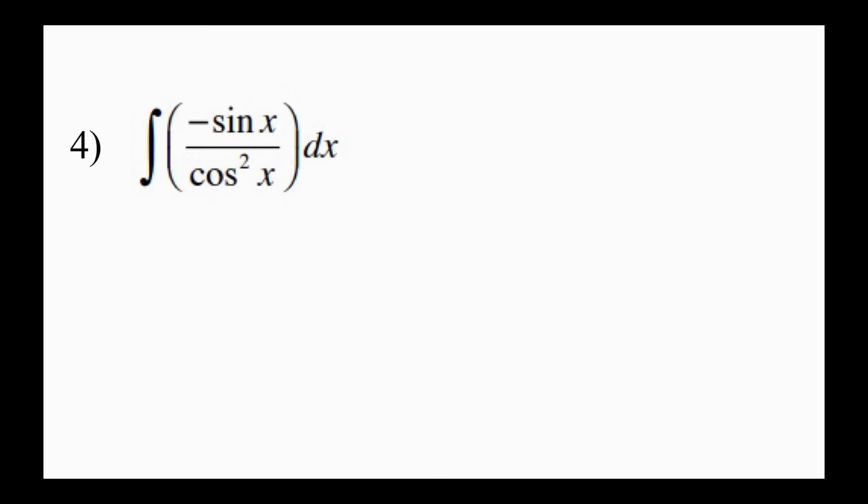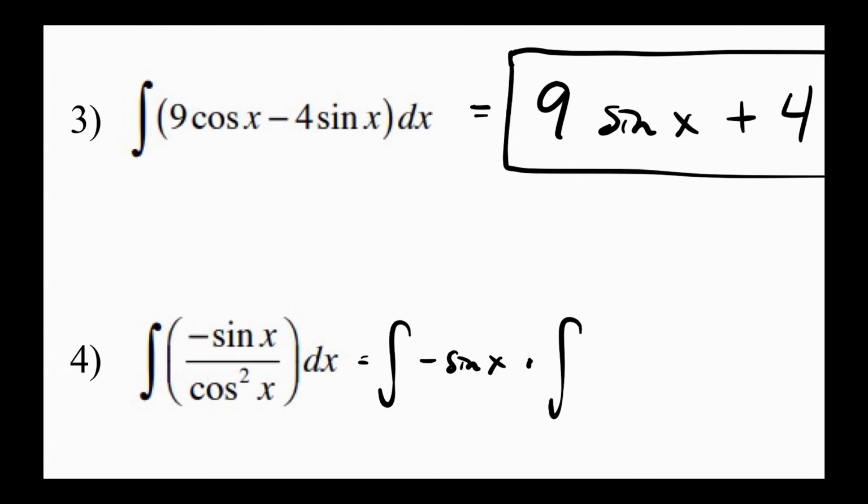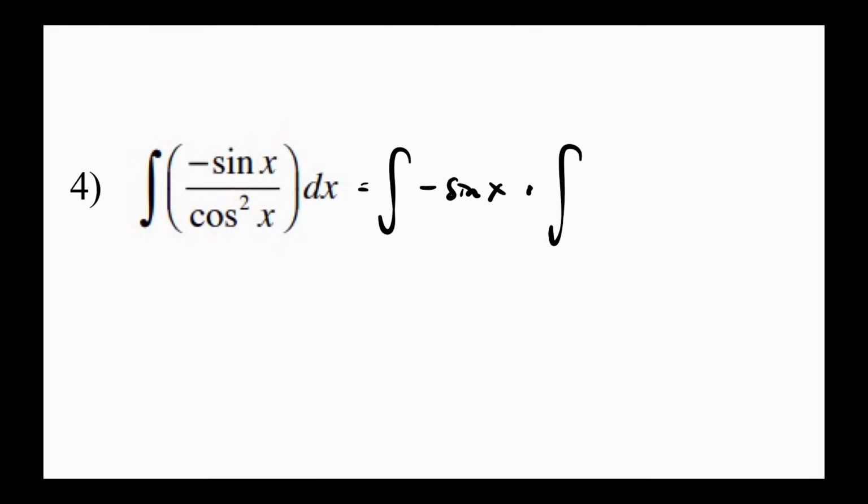Separate how? Oh, okay, I see what you mean. So have a multiplication here and then do another one like that, kind of like I did up here. Yeah, you can't do that one.